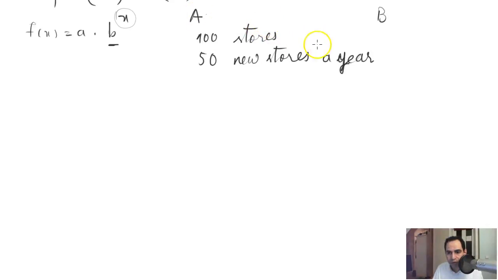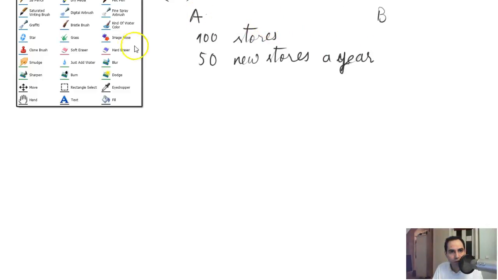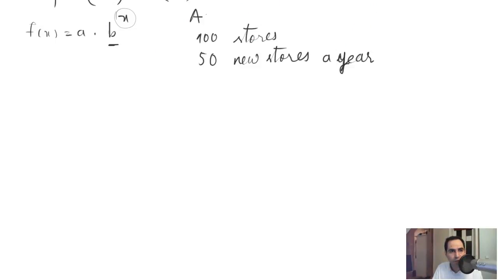Now, in order to model the growth of this company, you can see that the growth is constant, because you already have 100 stores, and every year you're opening 50 new stores. So if 10 years have gone by, you'll have opened 10 times 50 new stores, which is 500 stores, and you already had 100 stores.